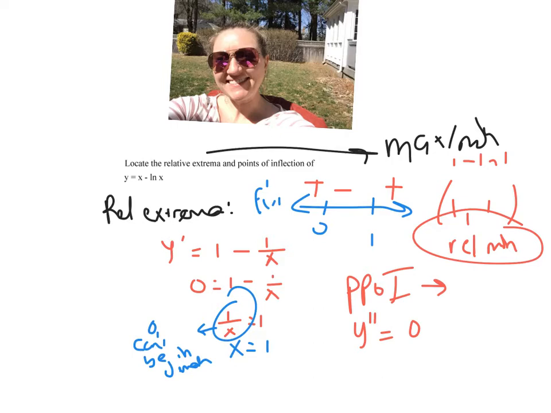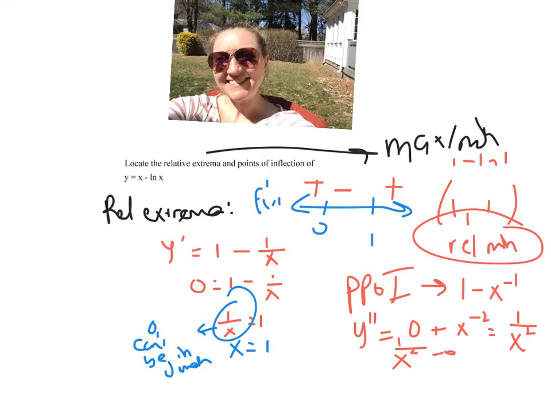Sorry. Anyway, this is the same thing as 1 minus x to the negative 1. So if you take the derivative, it's 0, and then plus x to the negative 2, which is the same thing as 1 over x squared. Okay? So if you set that equal to 0, you get 1 over x squared equals 0.